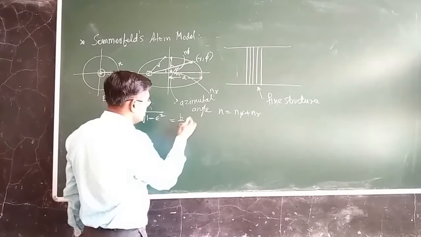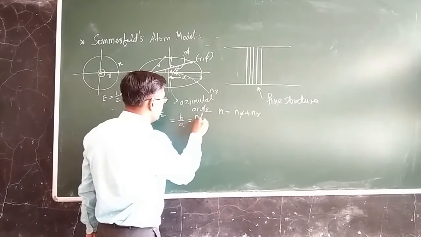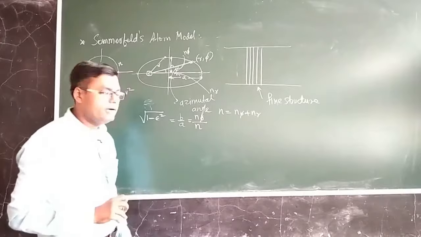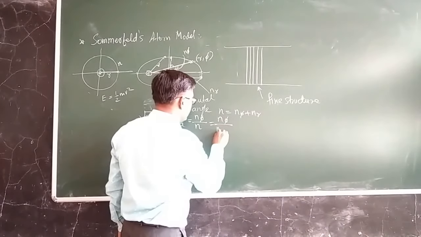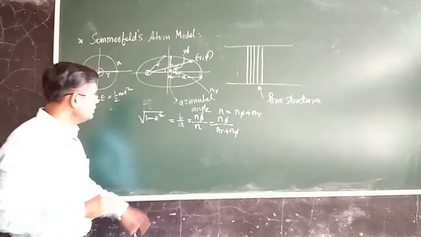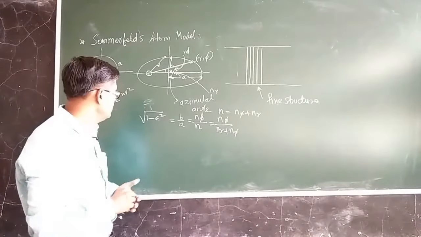And this ratio is related to another ratio, n phi divided by n, which is equal to n phi divided by nr plus n phi. So this relationship exists in the case of an ellipse.